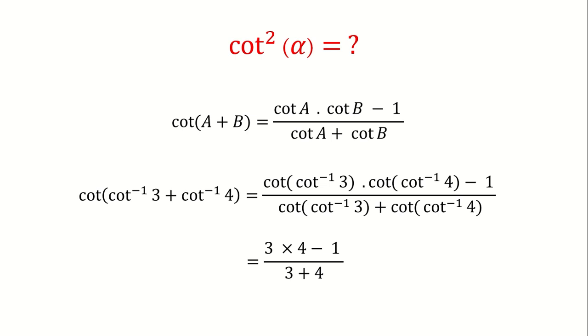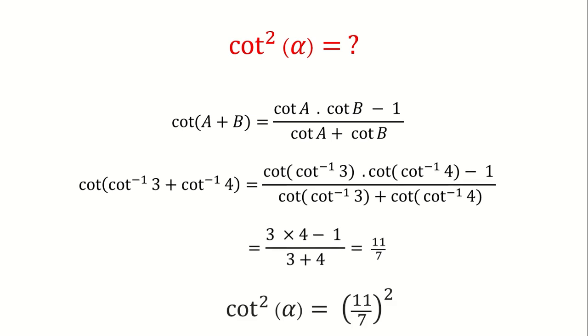So the result is 3 times 4 minus 1 over 3 plus 4, which is 11 over 7. So cotangent of alpha to the power of 2 is equal to 11 over 7 to the power of 2, which is 121 over 49. Is that it? No, one stage is left.